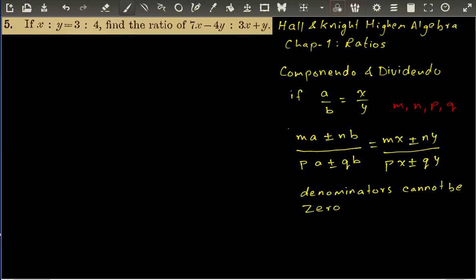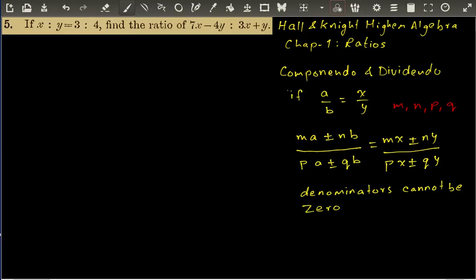What this property says is, as long as we do this operation on both the ratios, we will get the same ratio. Of course, we have to be careful that denominators should not become 0. That is, we cannot do any addition or multiplication such that pa plus or minus qb becomes 0, or px plus or minus qy becomes 0.